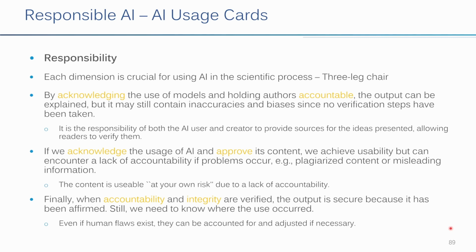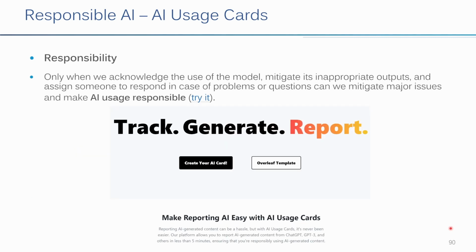Therefore, if we consider the acknowledged use of the model or the AI tool, we mitigate its inappropriate outputs, or we make sure that we are propagating things that are ethically adequate and factually correct, and assign someone to take responsibility in case problems occur or simply questions arise. Then we can mitigate major issues in AI and make its use more responsible.